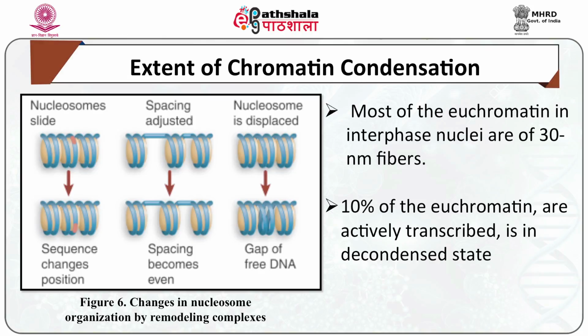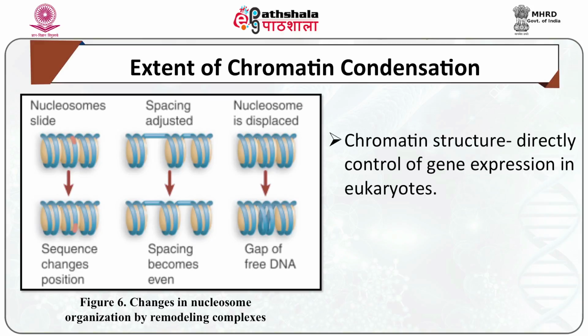Most of the euchromatin in the interphase nuclei appears to be in the form of the 30 nanometer fiber, and about 10% of the euchromatin containing the genes that are actively transcribed is in a more decondensed state that is required for transcription. This can be observed in figure 5. Chromatin structure is thus directly linked to the control of gene expression in a eukaryote.